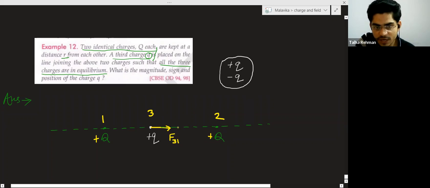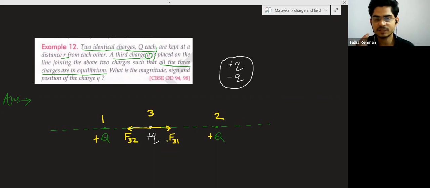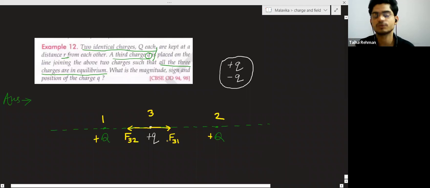And due to this charge, direction of force on charge 3 due to charge 2. So this charge may be in equilibrium. There is a chance that this charge can be in equilibrium when F31 is equal to F32.